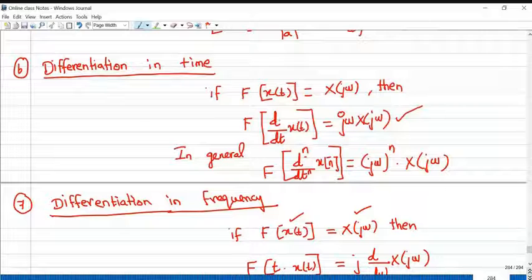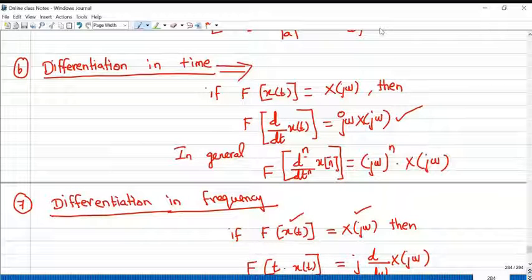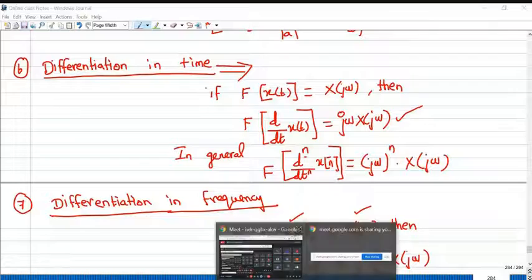See here, d by dt of x of t gives j omega X of j omega, and d by dt to the power n gives (j omega) power n X of j omega. With this differentiation in time domain property, we can apply the Fourier transform to analyze the differential equation.